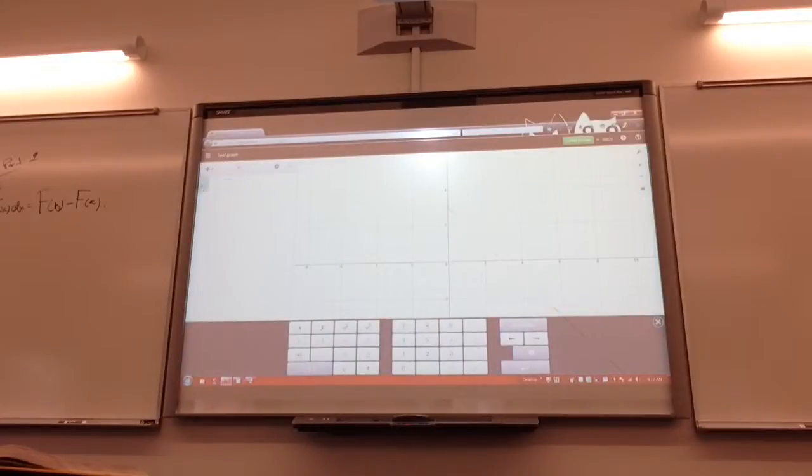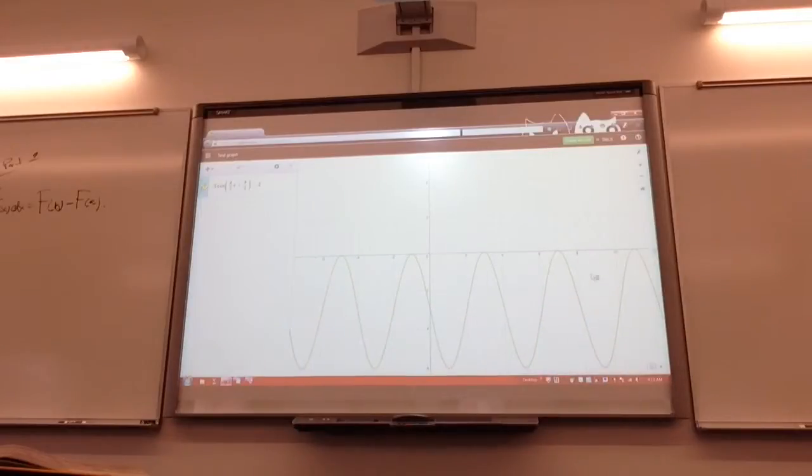So it would be 3 cosine of pi over 2 x plus pi divided by 2, minus 3. That looks nice.